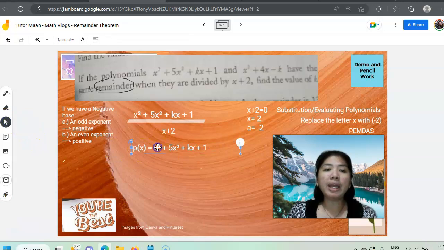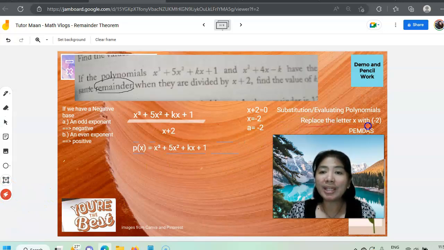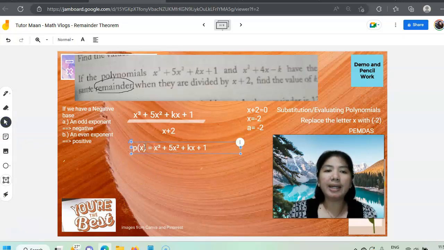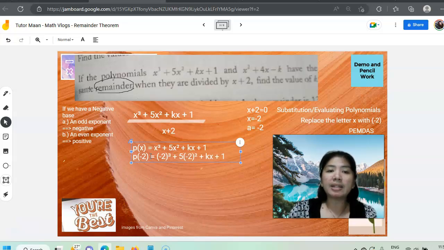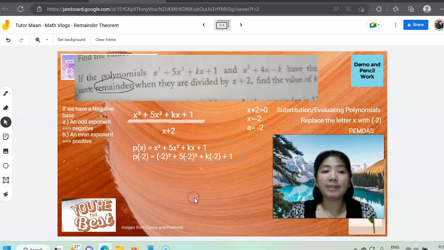All we need to do is replace the letter x with negative 2 and enclose the negative 2 with parentheses. So replace x with negative 2: x in the first term, enclosed with parentheses; x in the second term, negative 2 in parentheses; and x in the third term will be negative 2.